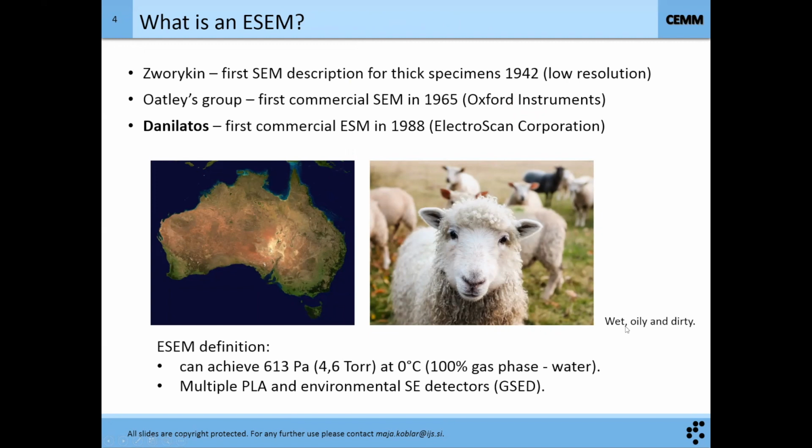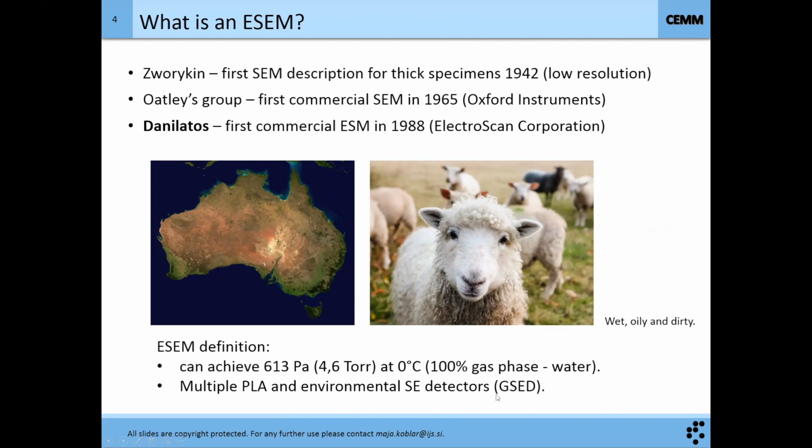The ESEM definition is that the microscope can achieve in the column where you have the sample 600 Pascal, which is about 5 torr, at 0 degrees Celsius, where you can have 100% gas phase of water, for example. The other definition is that it has multiple pressure limiting apertures and an environmental secondary electron detector.